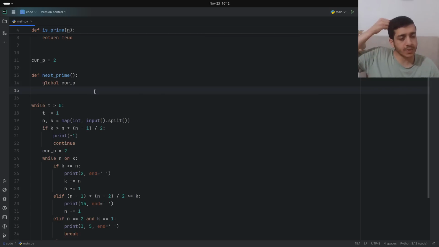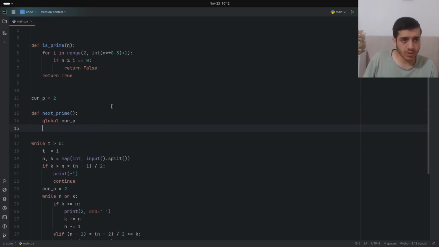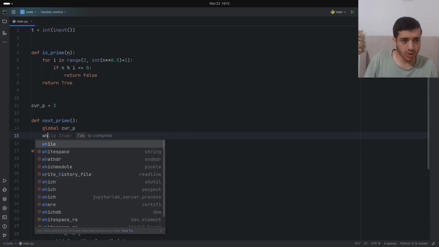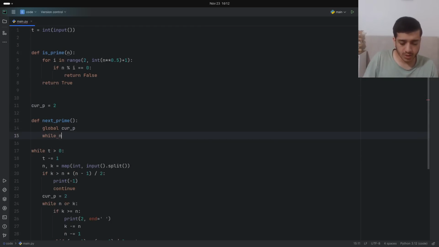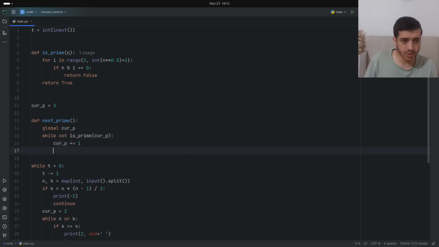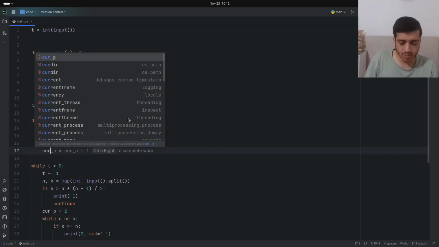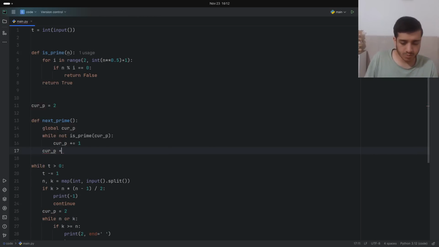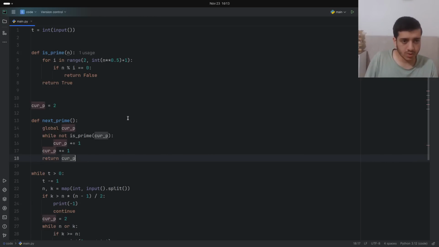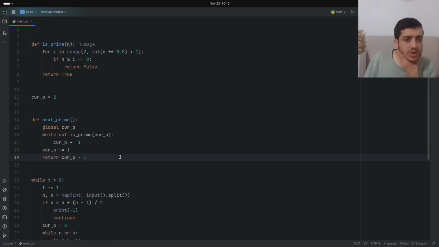Okay, I know what to do. While not is prime, current prime, added, current prime plus, return -1.